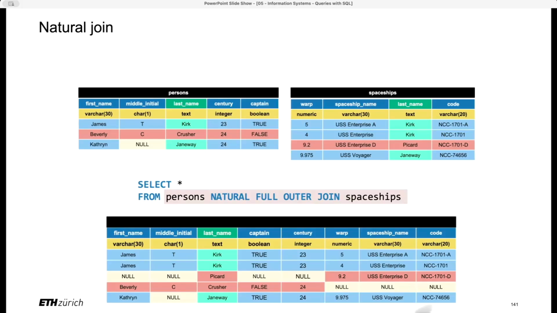In theory, if you think like a mathematician, what is a natural join? It's basically a Cartesian product followed by a selection such that all columns match. Now, if you have your mathematician hat, that's called a universal quantification. For all columns, it must match.